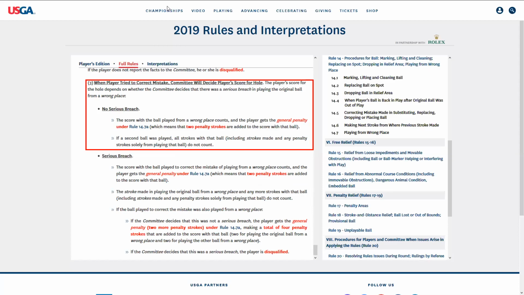So what if you do that? You turn in your scorecard with 4 penalty strokes added. In my opinion, you're disqualified. Why? Because you failed to report to the committee. That's how I read it.